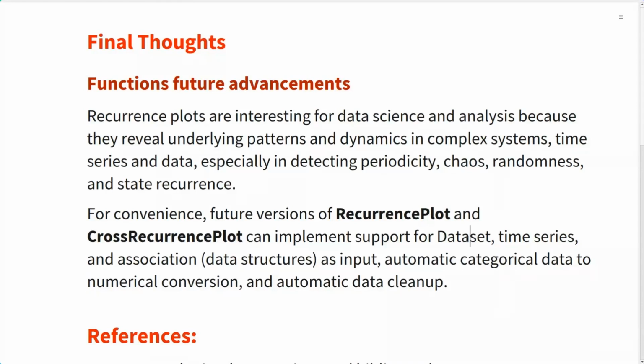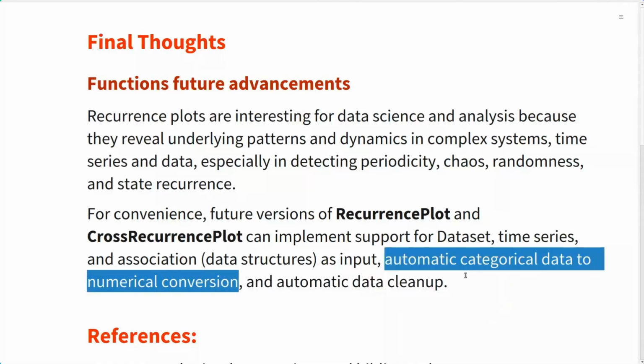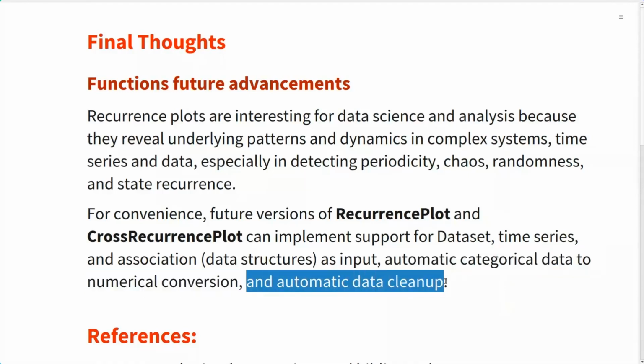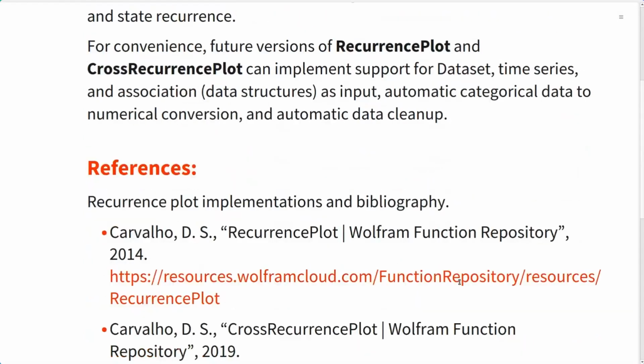When the data is sent as a dataset, we can do both things here: convert categorical data, text data, to numerical data, and then do an automated cleanup of the data instead of the user doing it upfront in order to send a clean list, a clean vector, to RecurrencePlot.